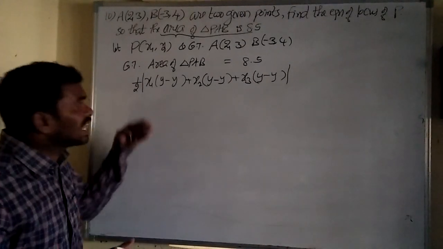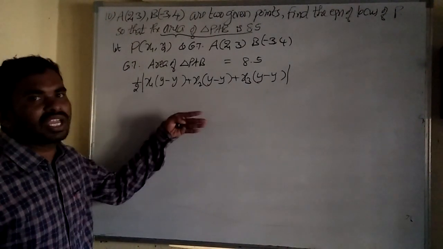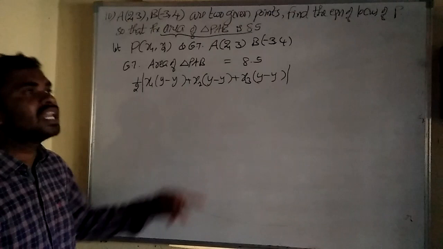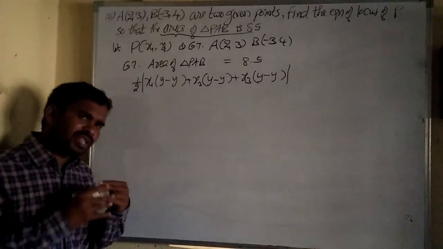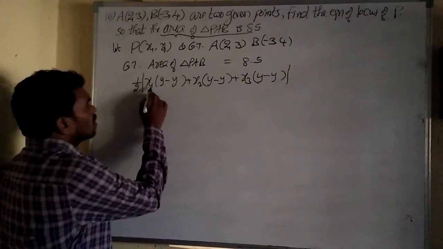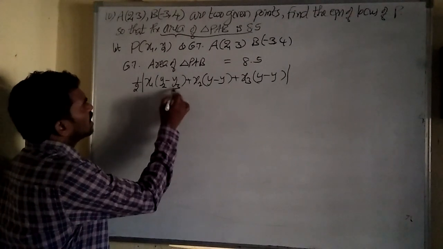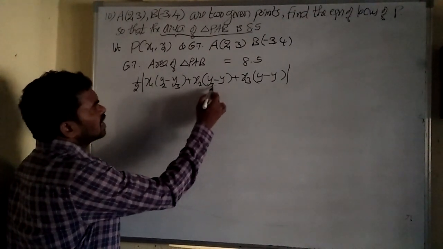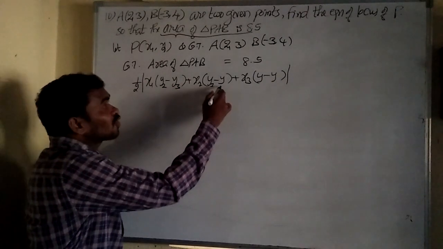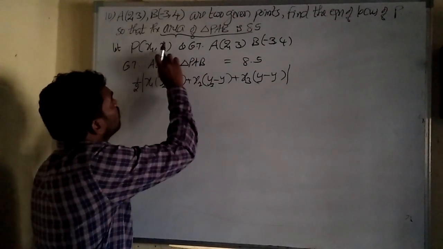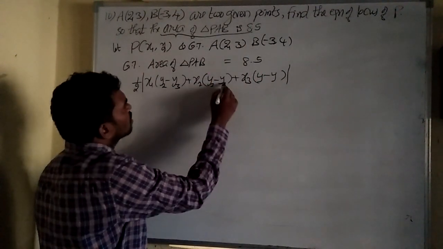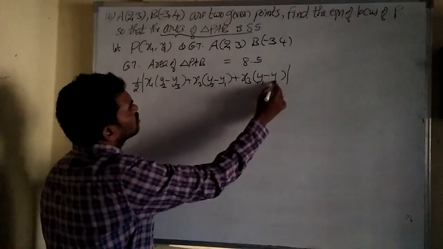Because if you read it in this way, we can remember easily without any confusion or mistake. 1 after 2, 2 after 3, 3 after, so don't go to 4, again come to 1, because we have only 1, 2, 3 points. So after 3, 1; 1 after 2.